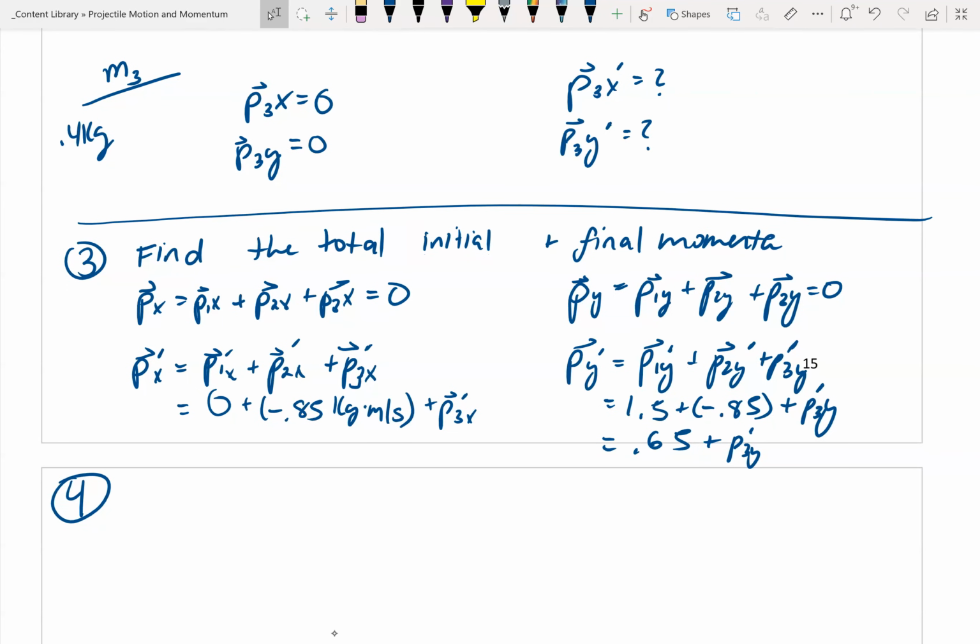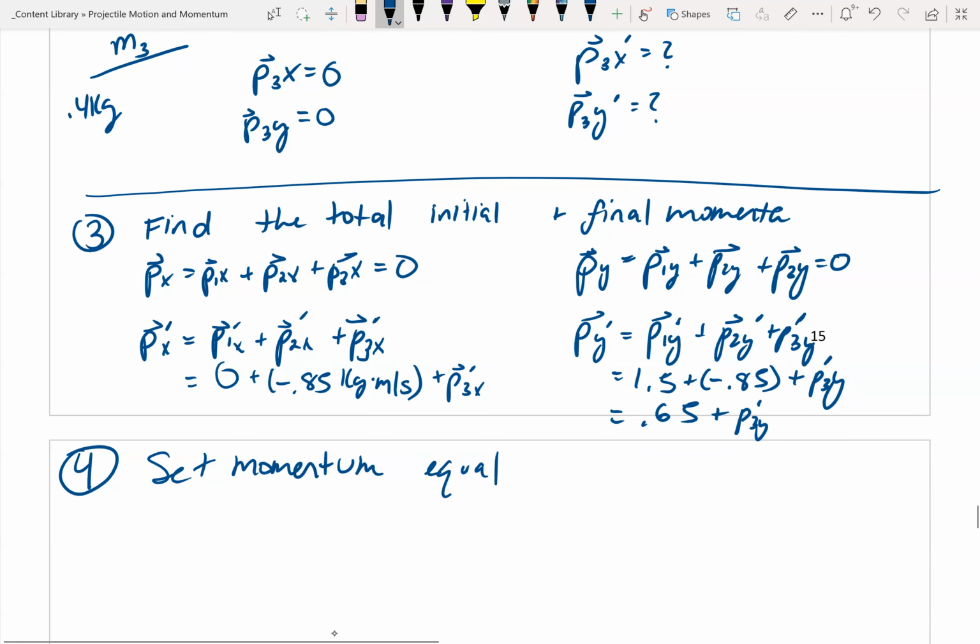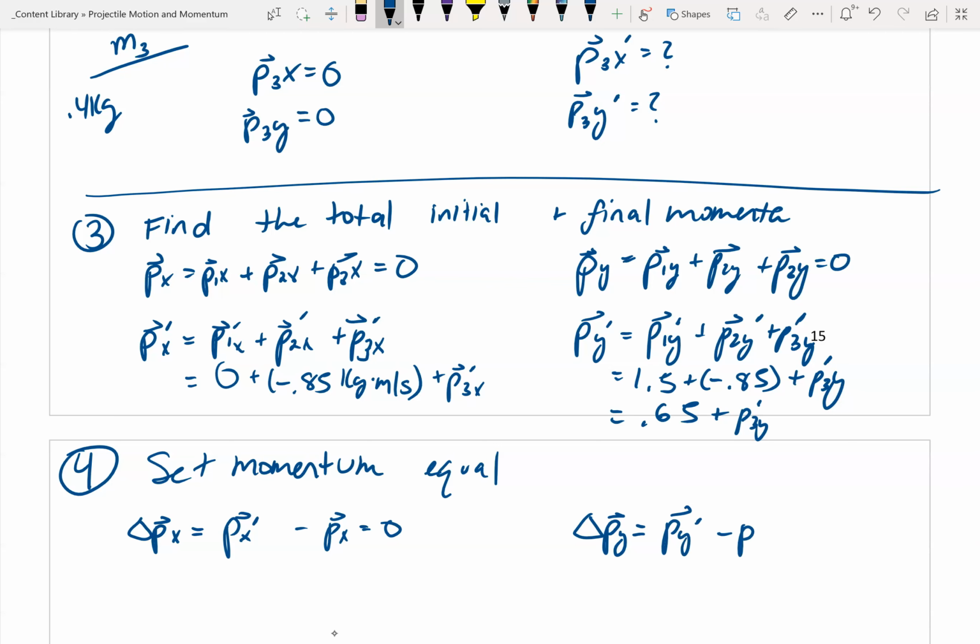Then our next step is to set our momentum so that they are equal. So that means our change in momentum in the x direction is our Px final minus Px initial, and we know this is 0. Same with our y.